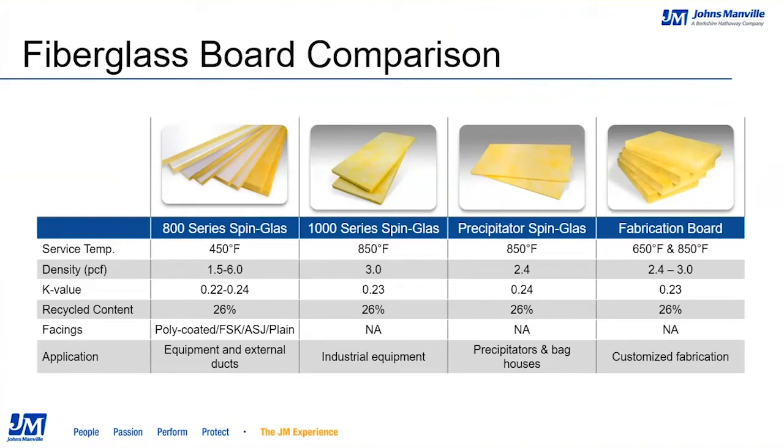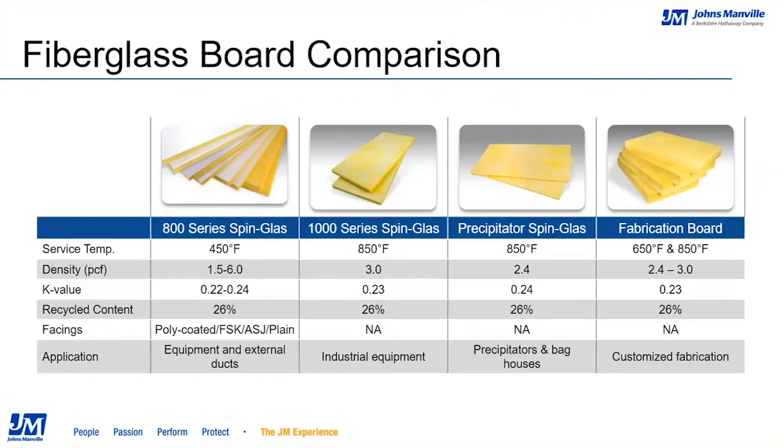Additionally, you'll notice that only the 800 series boards are offered with facings, and there are several options. First, there's our latest offering featuring the Ultra facing that Paul introduced earlier. Again, this is a paper-free, polypropylene-coated metallized polyester facing that supports better moisture resistance and cleanability.